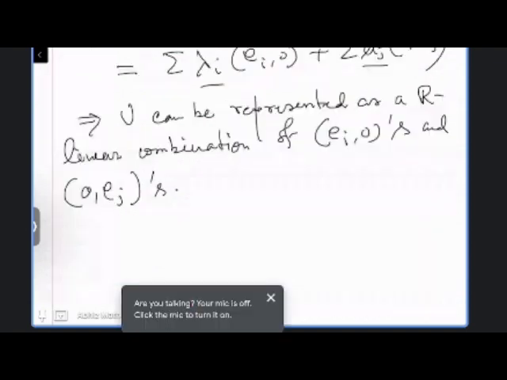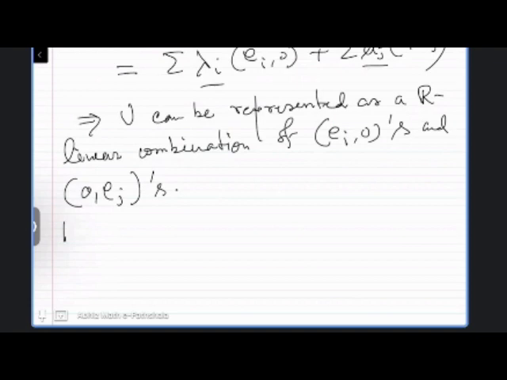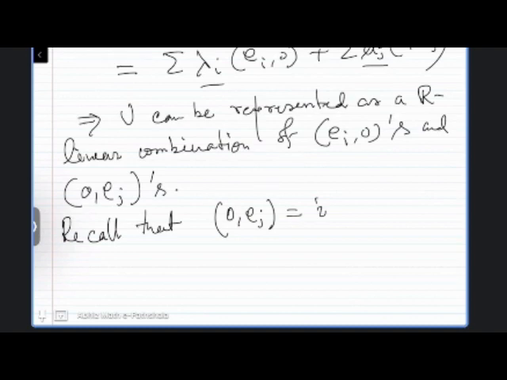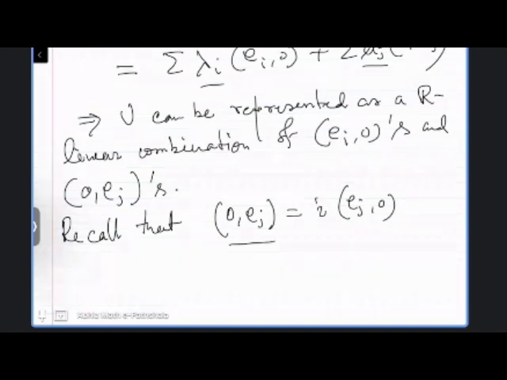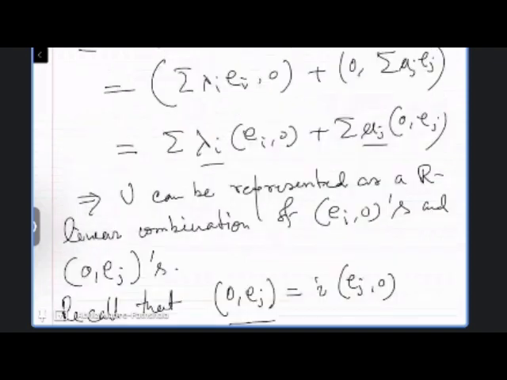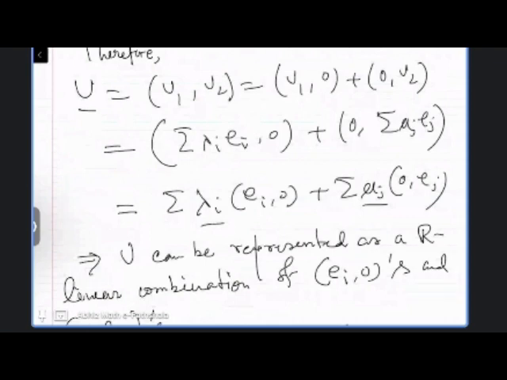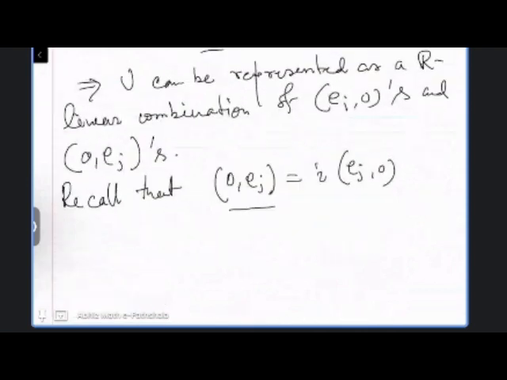But recall that any element of the form (0, ej) is nothing but the scalar multiplication of the vector (ej, 0) by i. Since we can write the vector (0, ej) as i times (ej, 0), the expression that comes out here is actually a complex linear combination.